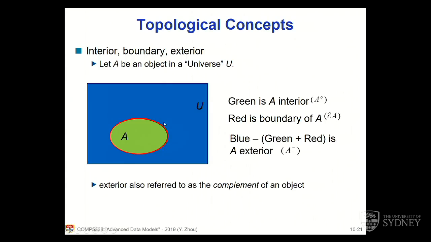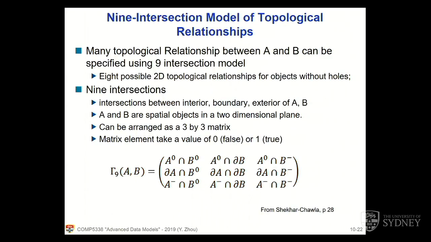Now, if we have a pair of objects, and both have this, and if we know the relationship between all of these, like how A's interior interacts with B's interior, and how A's boundary interacts with B's boundary, or A's exterior with B's exterior, then we are able to work out the topological relationship between this pair of objects. Many of these can basically be specified using their intersection.